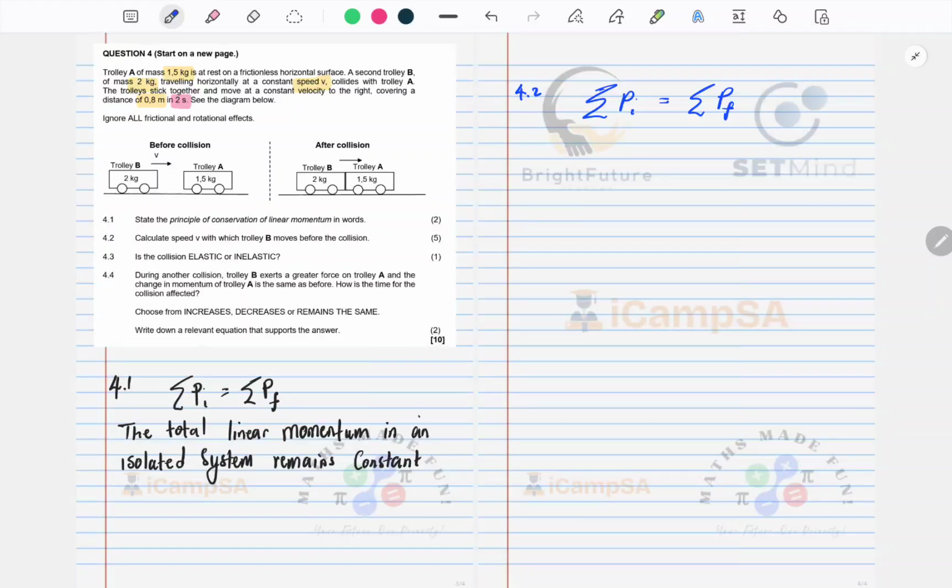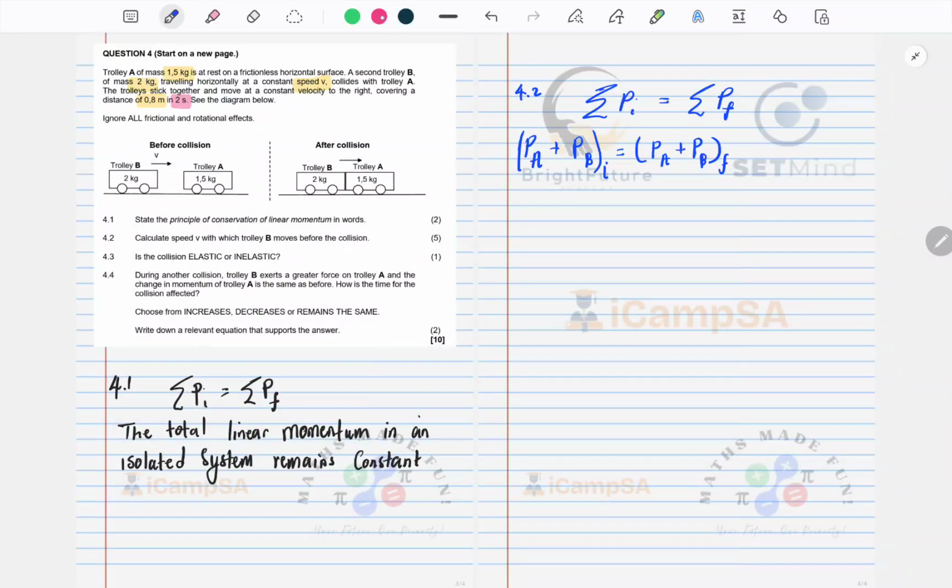That means this is going to be momentum of A plus momentum of B, equal to, this is all initial, right? And then P A plus P B, this is final, right?